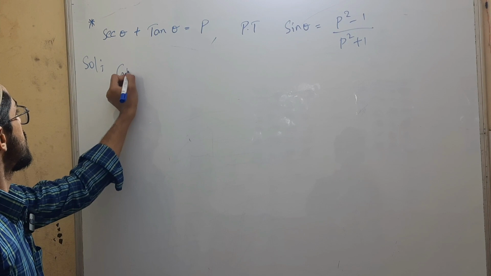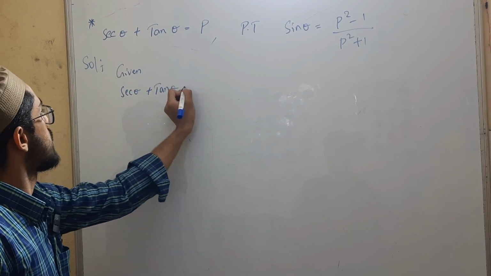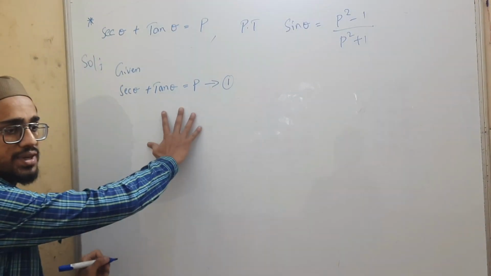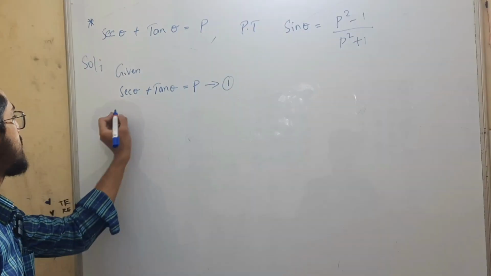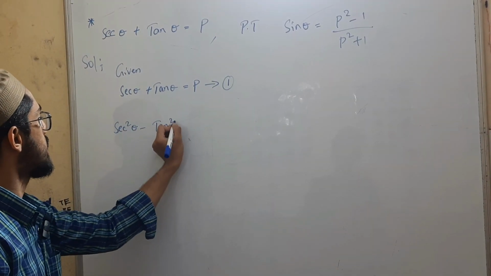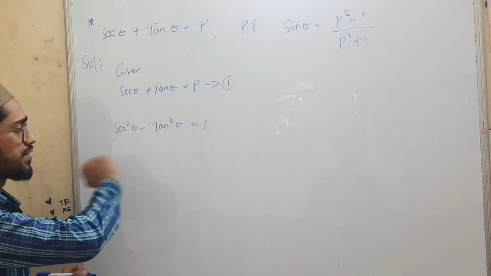What is given? Secant theta plus tan theta is equal to p. Make it the first equation. Now you have an identity which we know: secant square theta minus tan square theta is equal to 1. This is a simple identity which we have in our textbooks.